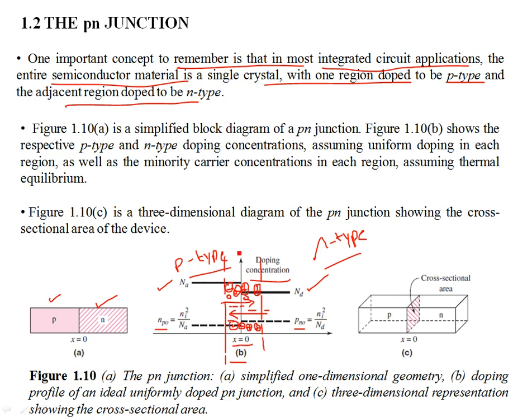There are no mobile charges. There will be an electric field, directed from N to P, and this electric field is going to produce a force that is going to halt the diffusion of charge carriers from P-type to N-type region and from N-type to P-type region, because of the direction of the electric field.